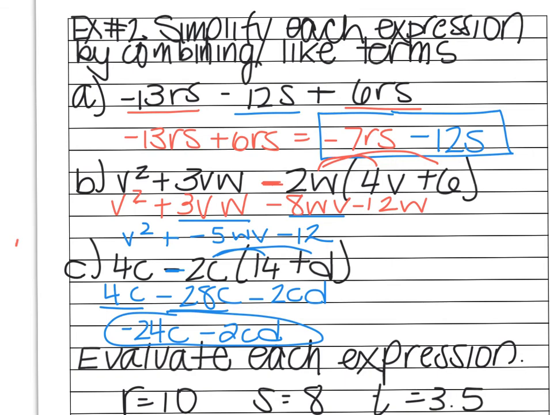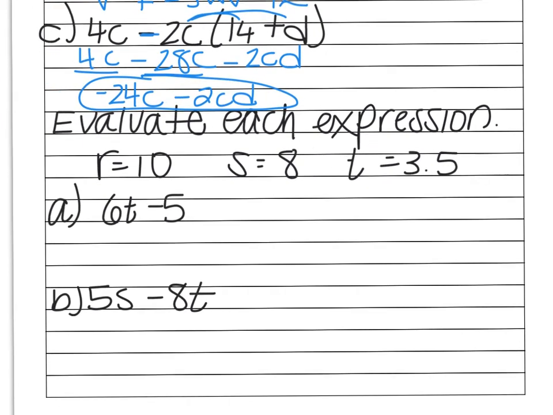Next, we have evaluate each expression, and I've given you that r is 10, s is 8, and t is 3.5. We're going to plug that in. For the first one, we have 6t minus 5, so wherever I see a variable, I have to look at the corresponding number. T equals 3.5. So I'm going to plug in 3.5, which equals 21 minus 5, which is 16.